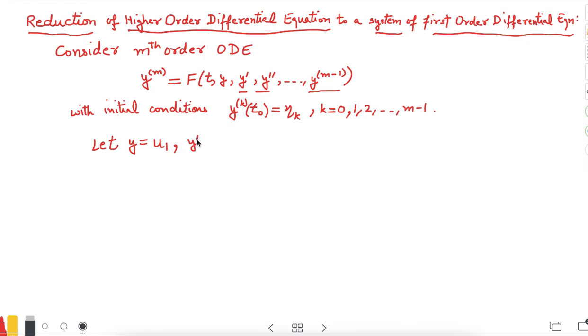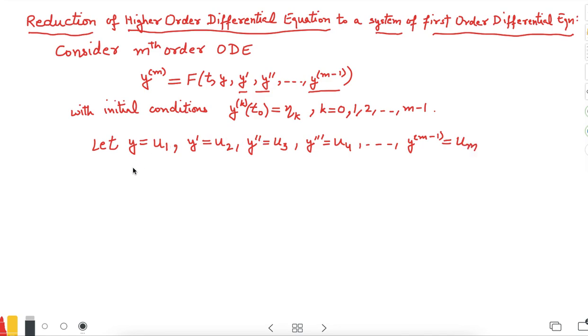So y dash is considered as u2, the second derivative is u3, the third derivative is u4, and so on. So the (m minus 1)th derivative of y will be um.